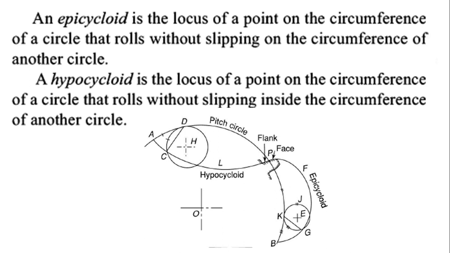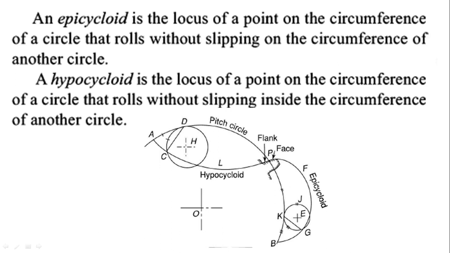An epicycloid is the locus of a point on the circumference of a circle that rolls without slipping on the circumference of another circle. You can see the teeth here, the face part, and the way the flank is coming.